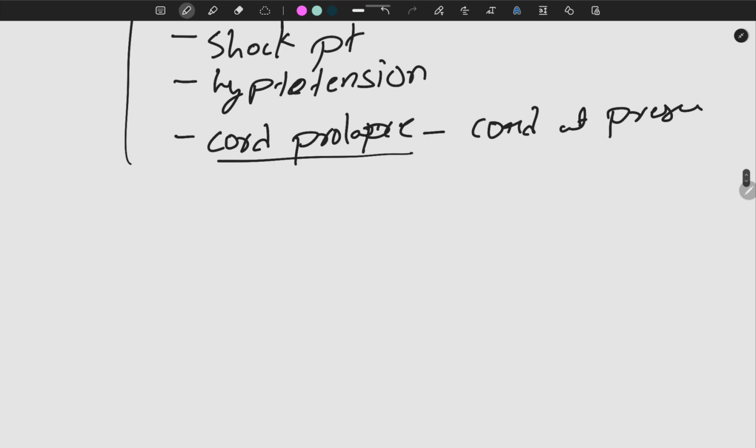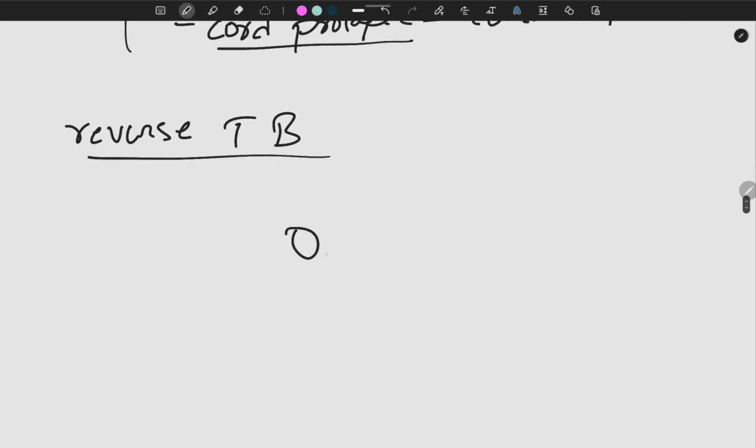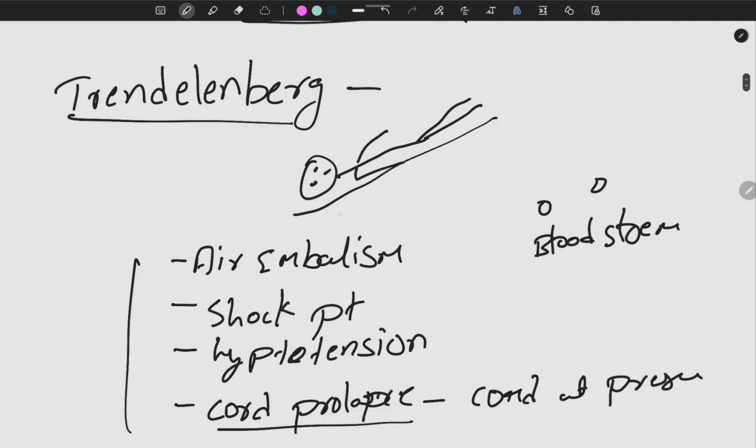In the Trendelenburg position, we have the reverse Trendelenburg. The reverse Trendelenburg position is when the head end is upward and the foot end is downward. So this is the reverse Trendelenburg position and this one is the Trendelenburg position.